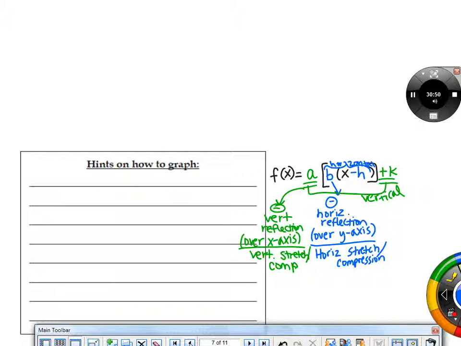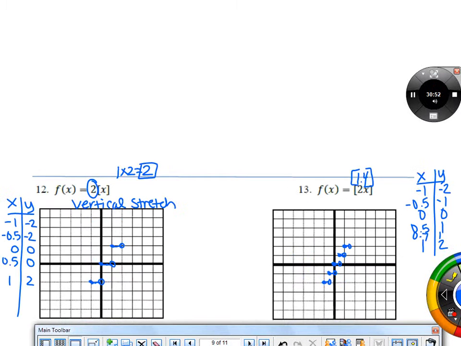Okay? So we put a 2 in here. What happened to our steps horizontally? Did they get stretched or did they get compressed? They're shorter, right? So they got compressed. So putting this 2 right here was a horizontal compression.